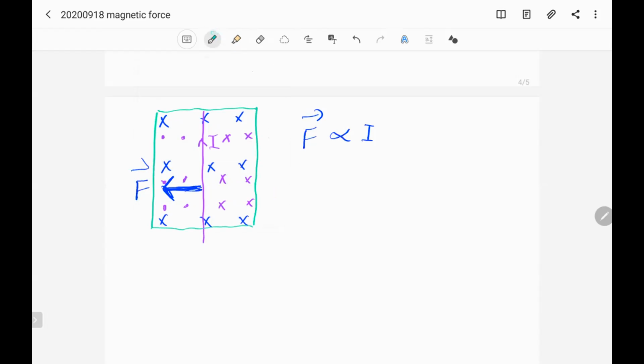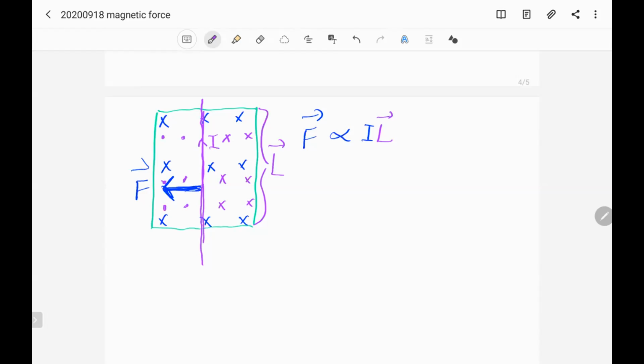If the current is very long, we only consider the length inside the magnetic field. The direction of the length is the direction of the current, so we use a vector of length inside the magnetic field.